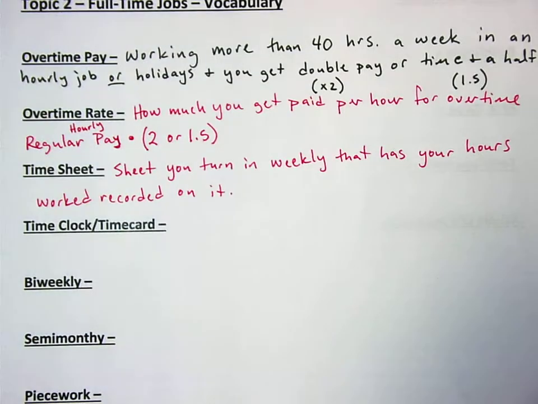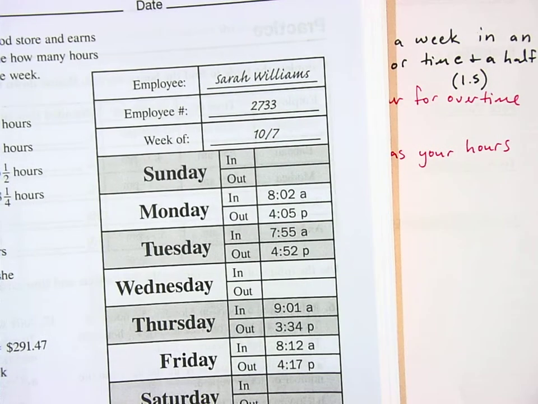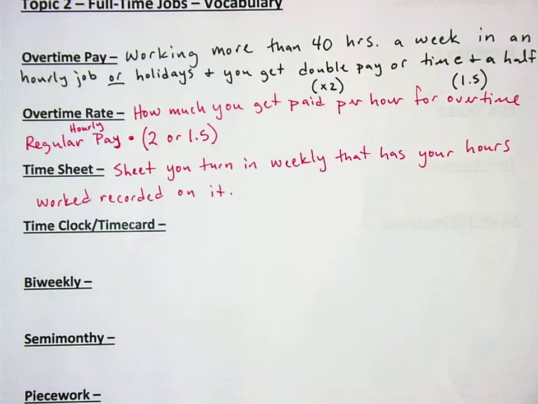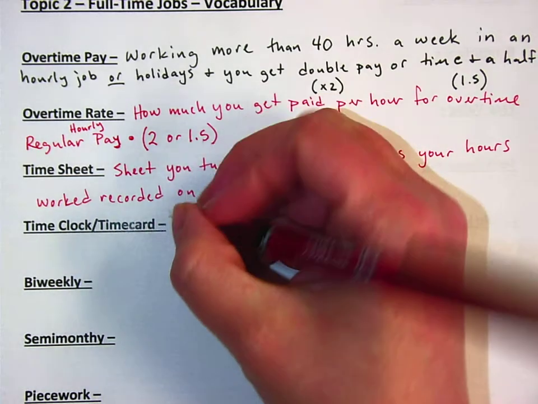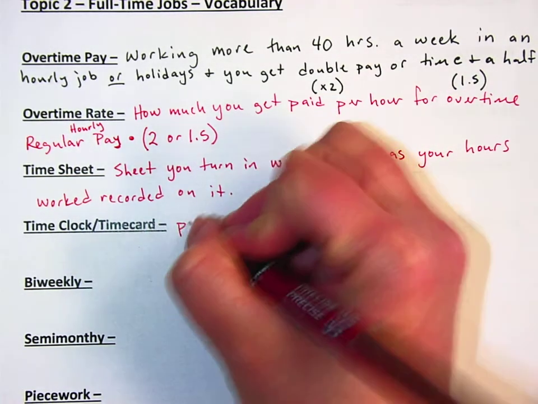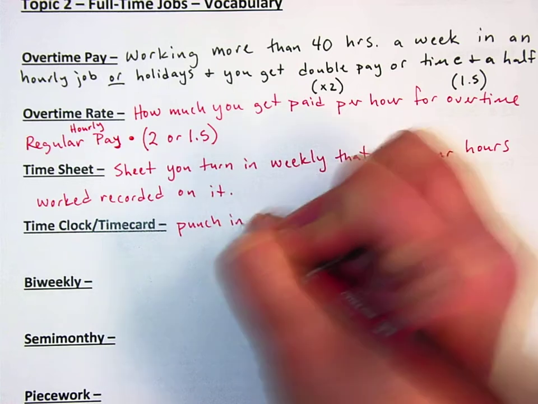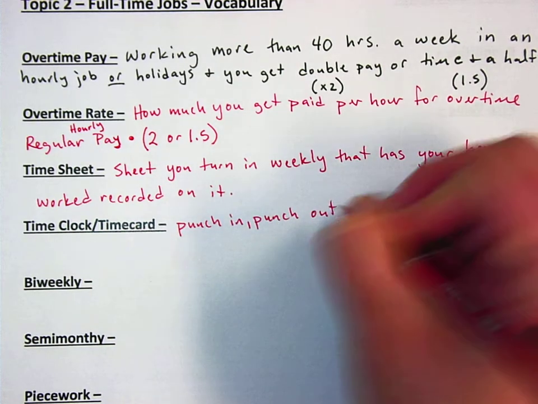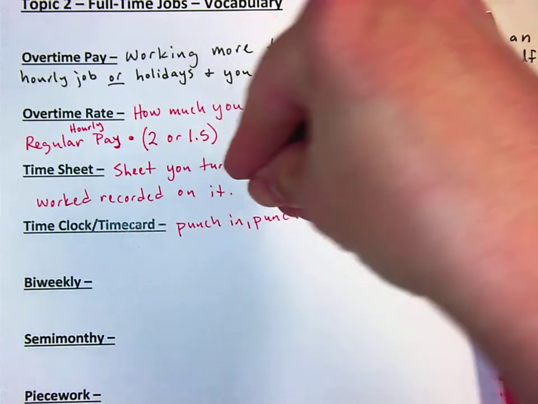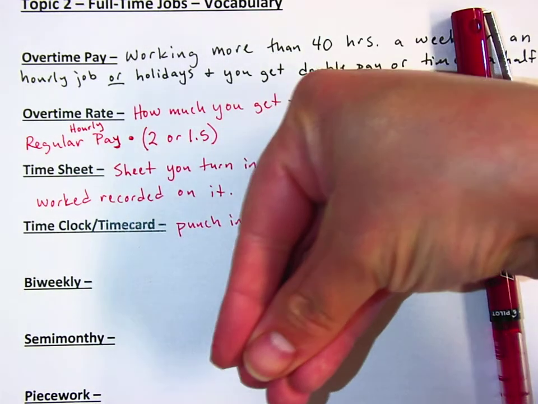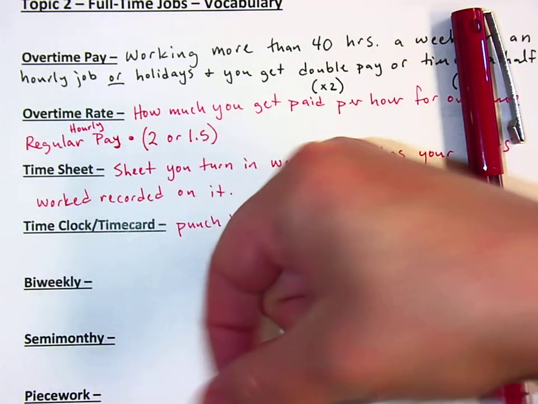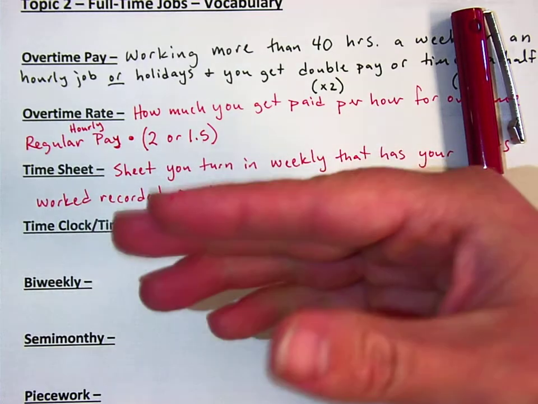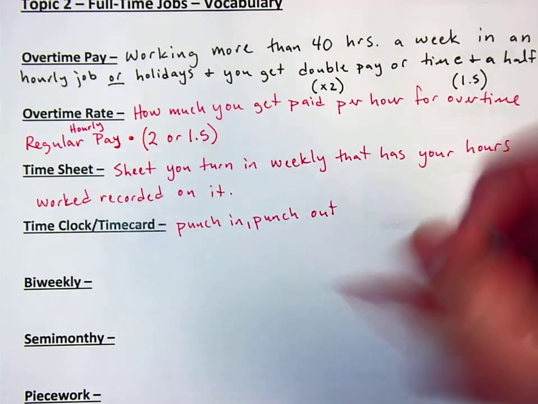Now a time card, on the other hand, looks like this, and that is created by a computer. And so with a time clock or a time card, you basically punch in and you punch out. It used to be a physical card that you would stick in a machine, kind of like this, and it would literally punch your card, and it would say what time you were there.